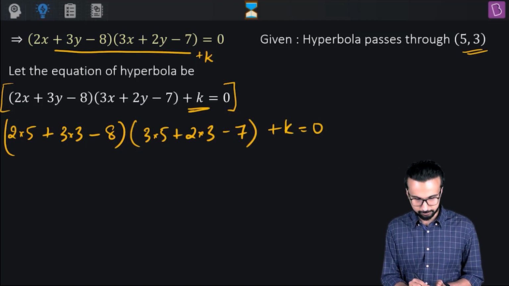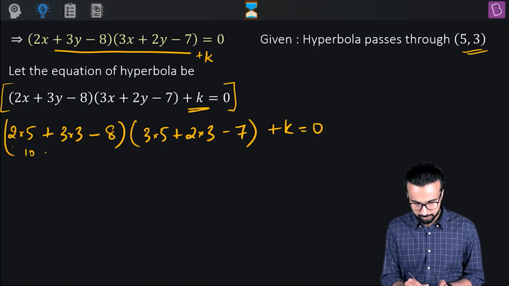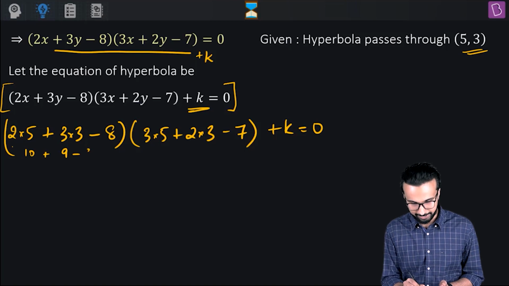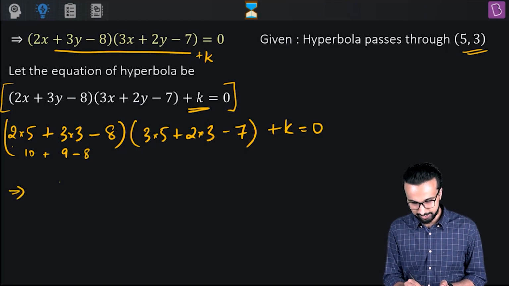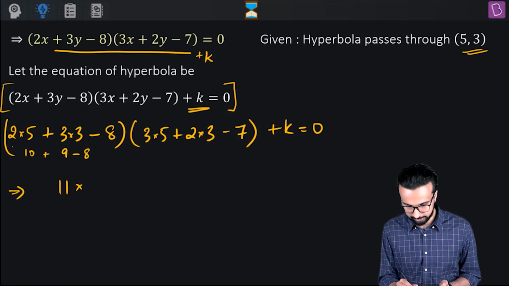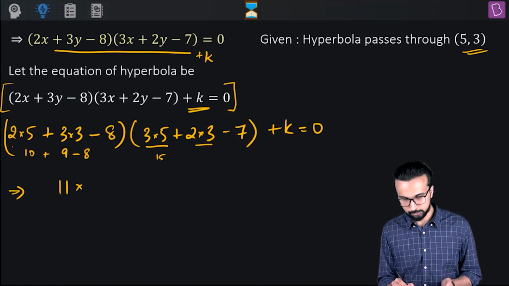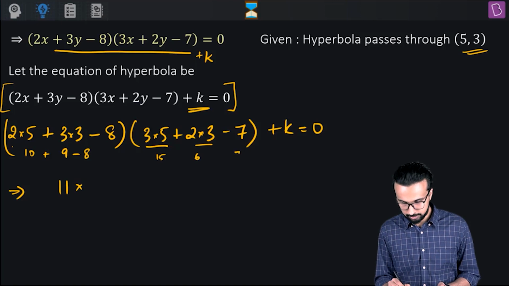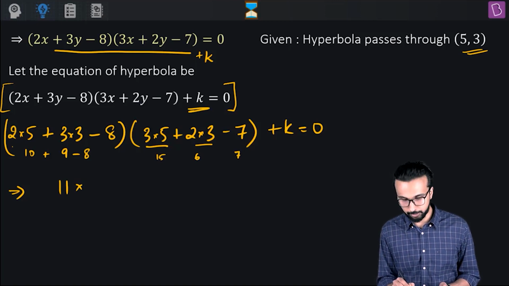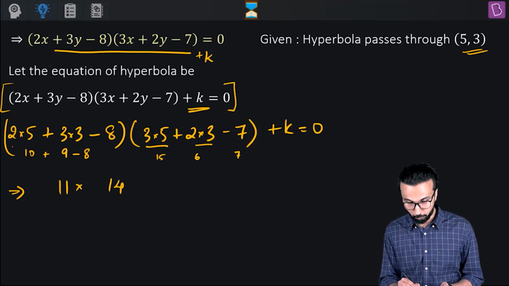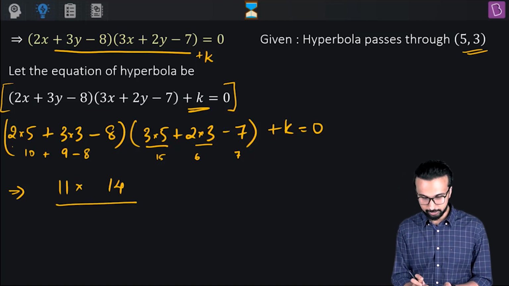So here, 5 into 2 is 10 plus 3 into 3 is 9 minus 8 becomes 11. This into 3 into 5 is 15, plus 2 into 3 is 6. Now 15 plus 6 is 21, 21 minus 7 is 14. So I get 11 into 14 here.